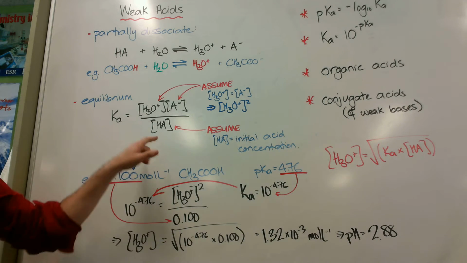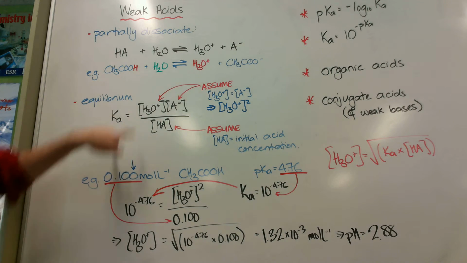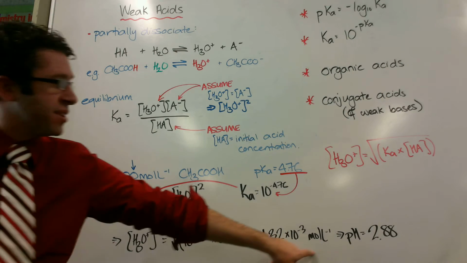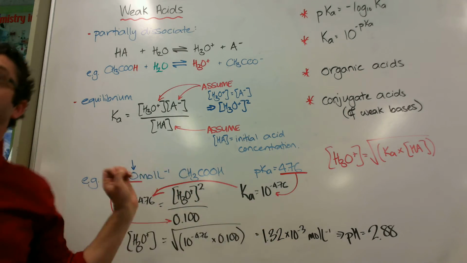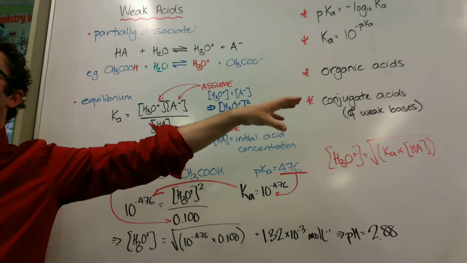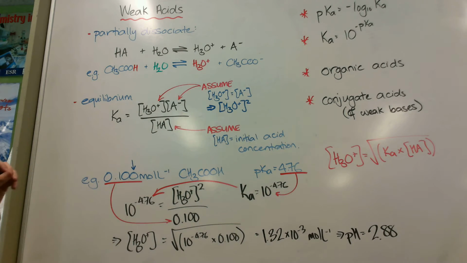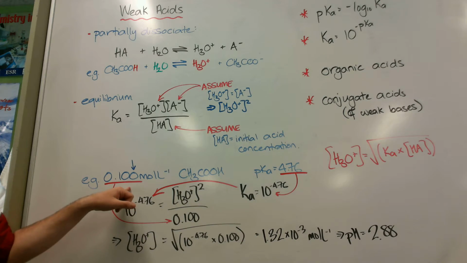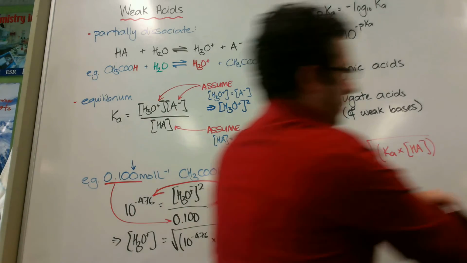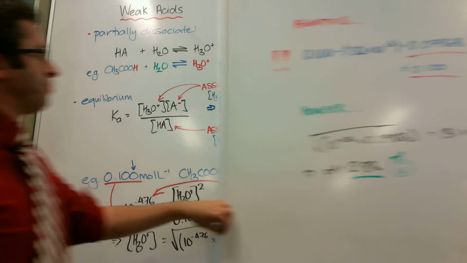If this much is reacted, then that's got to be 0.1 minus this number here, because that's how much did react to make the conjugate acid, the conjugate base and the H3O+. So I know this number's wrong. So what I've done is I've shown you what would happen if I use the numbers.